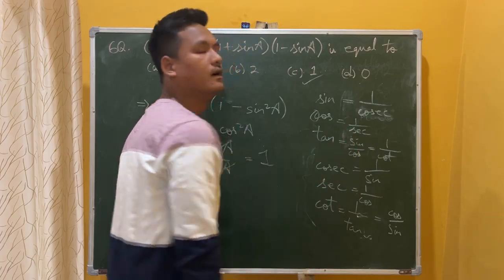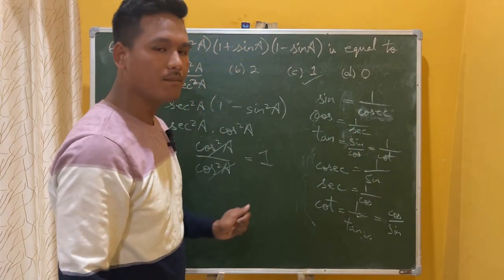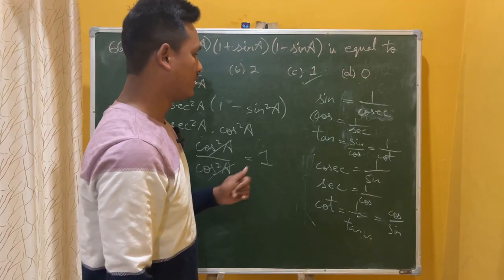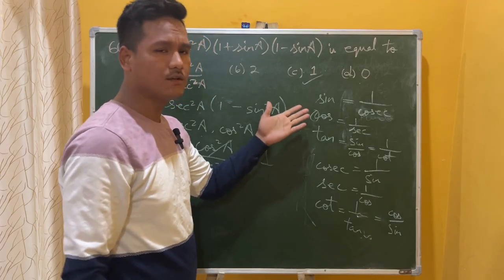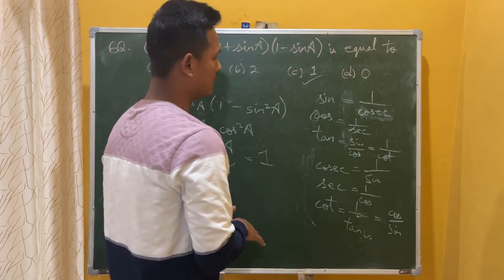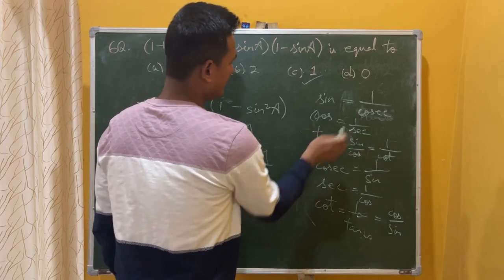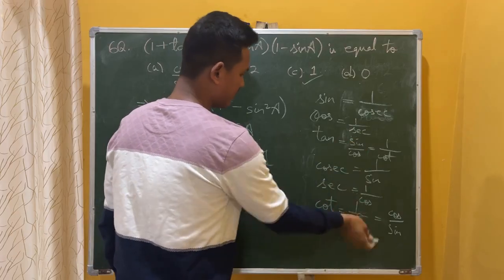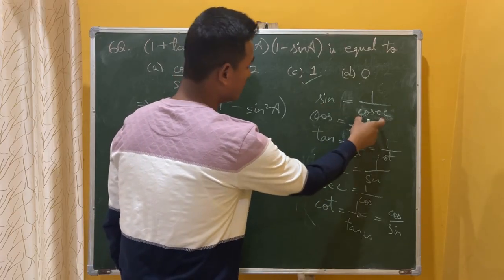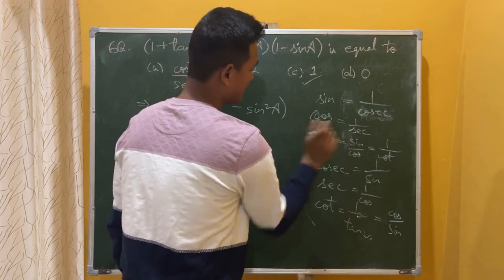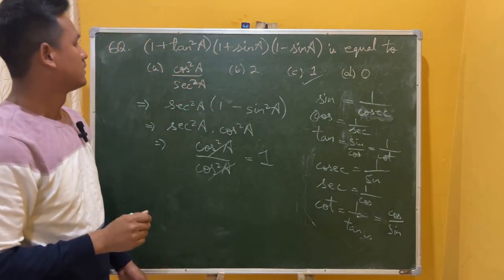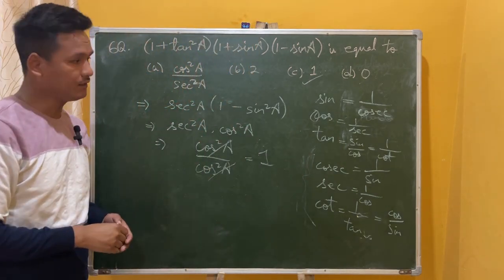Similarly you can remember and use during the exam. It will be easier for you to remember if you do it the way I am telling. For s it is c, for c it is s, and vice versa. But for sine it's not cos, it's cosec. For cos it is sec. So let's move on to another question.